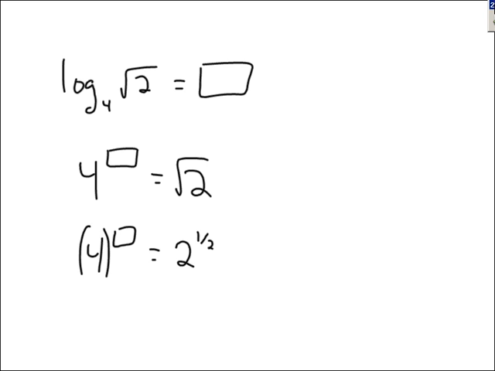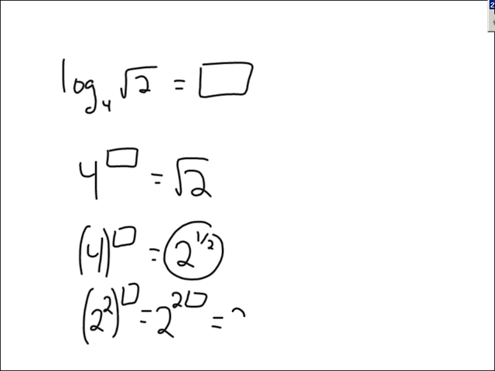Now remember, 4 is 2 squared, to that unknown number. But that's 2 to the 2 times the unknown number, which is equal to 2 to the half. That is, these two are equal. 2 times some number is equal to a half.